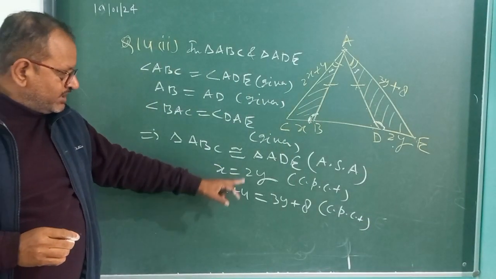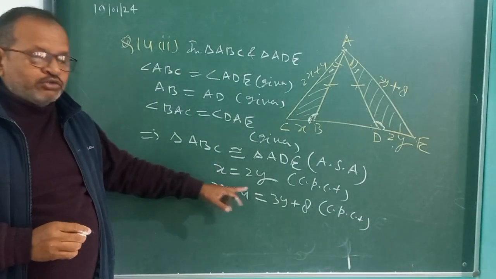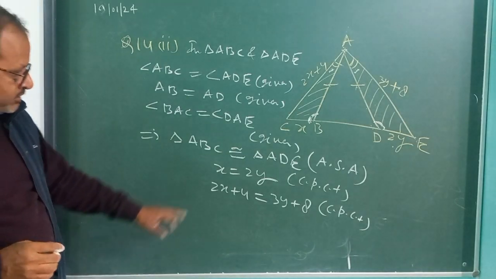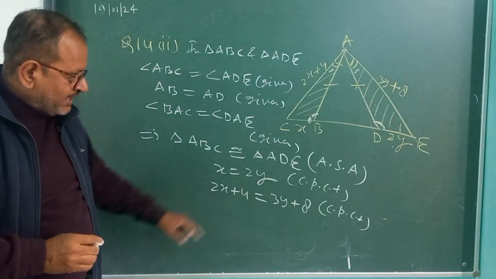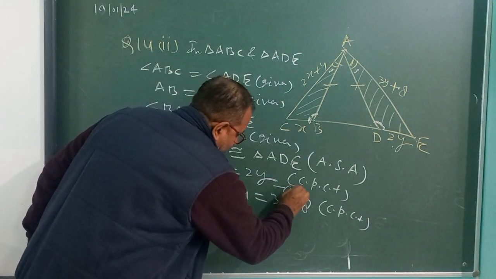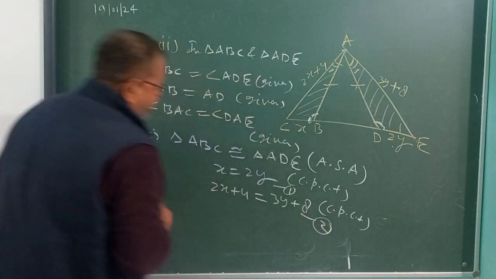Now we will solve these two equations to find the values of x and y. So x is equal to 2y, make it the first equation, and this one the second equation.